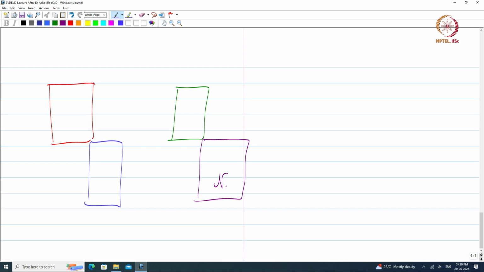So this is the null space of A transpose, and this is the column space of A, and this is the null space of A, and this is the column space of A transpose.